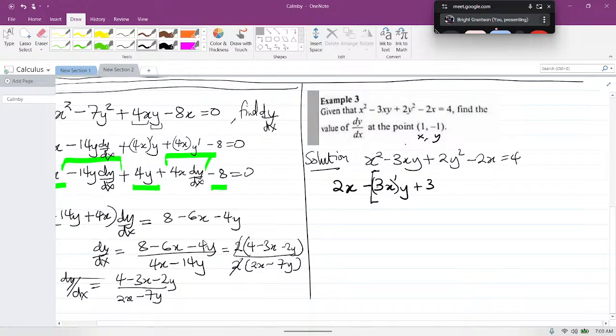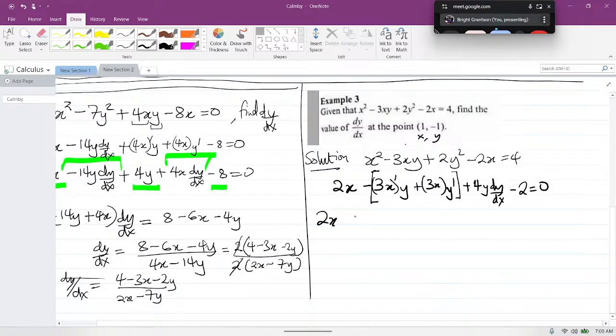Put it in this bracket. 3x y prime, plus bracket plus 4x, 4y dy/dx, minus 2, minus 4. Okay, 0, constant.